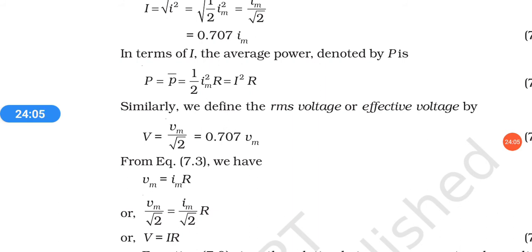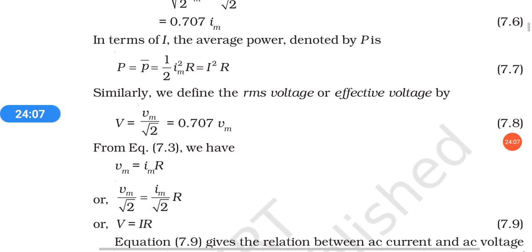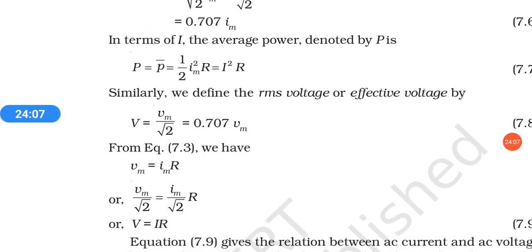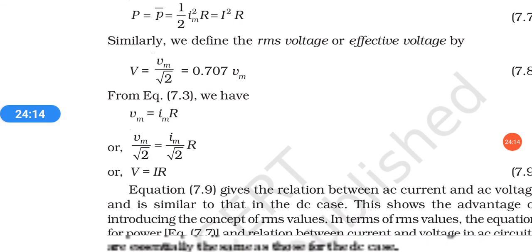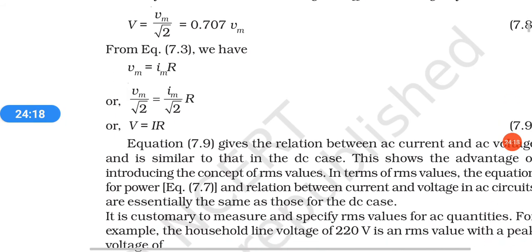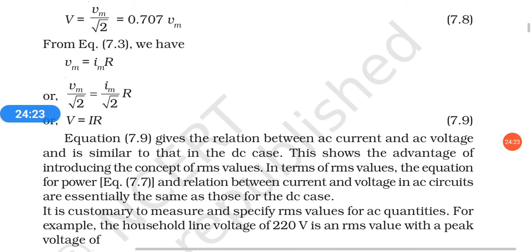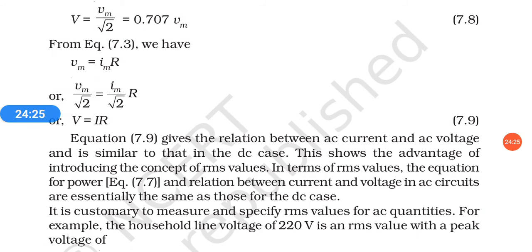From equation 7.3, Vm is equal to Im into R. So Vm by root 2 is equal to Im by root 2 into R, so V is equal to I R. The equation gives the relation between the AC current and the AC voltage, and is similar to that in the DC case.